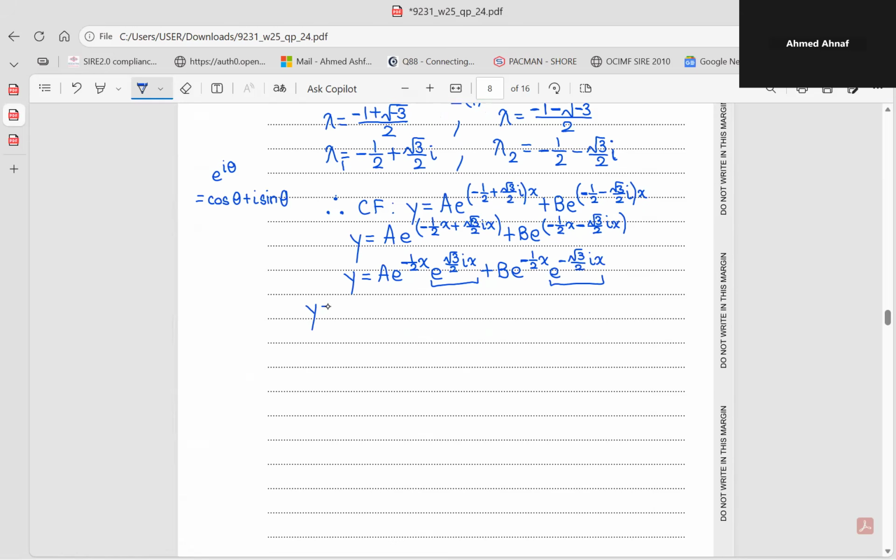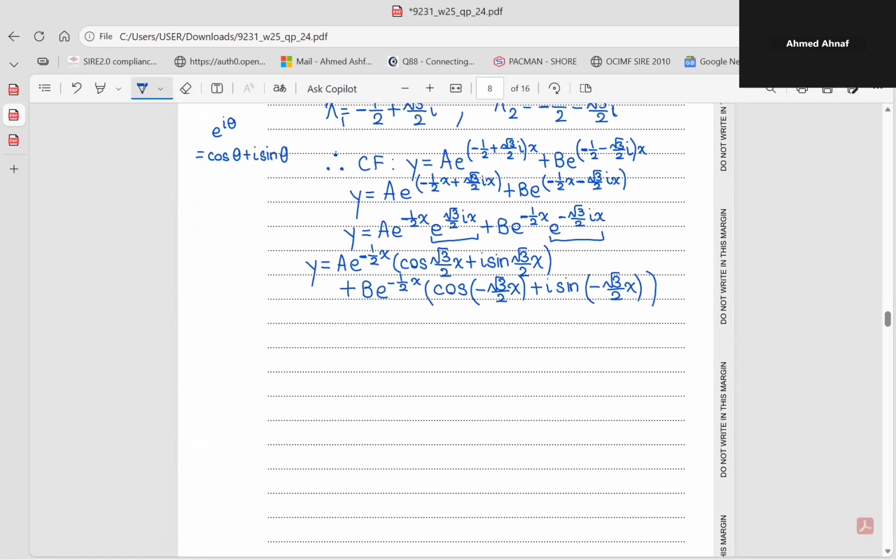Okay. So doing that, you get y equals a times e to the power of minus half x, cos square root 3 over 2 x plus i sine square root 3 over 2 x, plus b times e to the power of negative half x times cosine negative square root 3 over 2 x plus i sine negative square root 3 over 2 x.